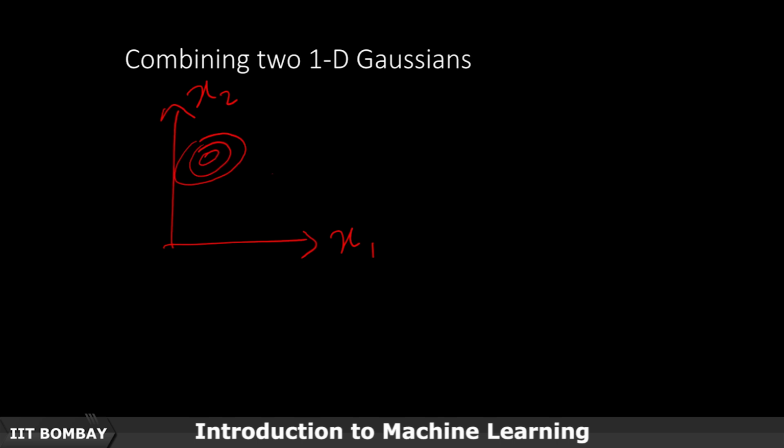So let's take a more concrete example. Let's say we have two-dimensional variables, x1 and x2, and let's say we have two different models. The data distribution is such that it is a multimodal Gaussian. So there is one that is sitting here, another that is sitting here, and then somewhere these contours merge.